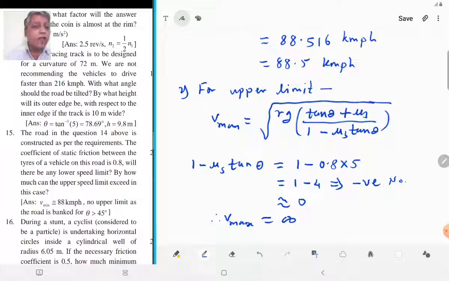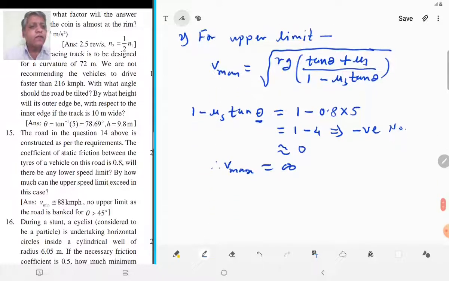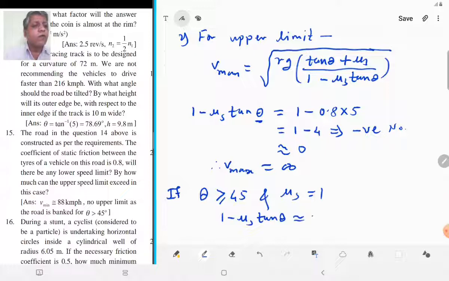Since here angle theta is equal to or greater than 45 degree and mu s is equal to 1, at that time the denominator 1 minus mu s into tan theta is considered equal to 0, so Vmax is infinity.